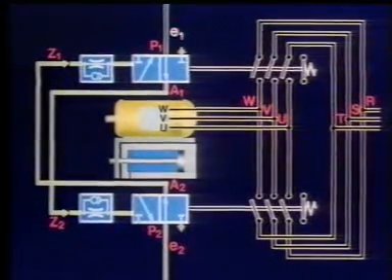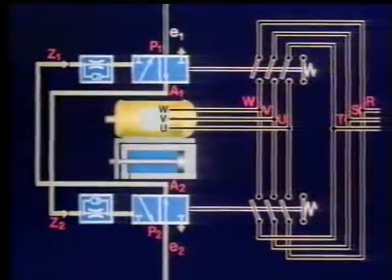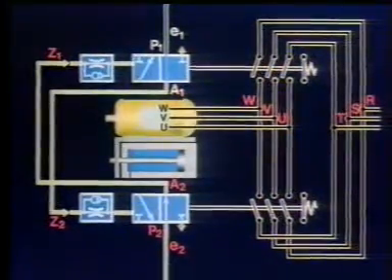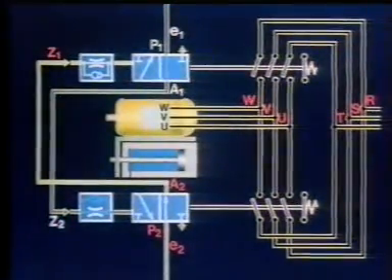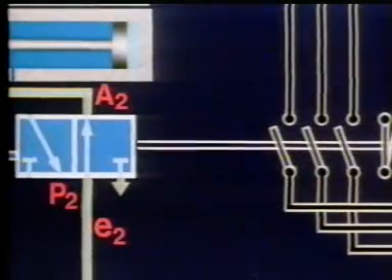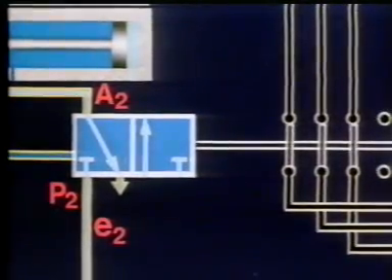A signal E1 that is fed via P1 and A1 to Z2 energizes the contactor for clockwise operation.